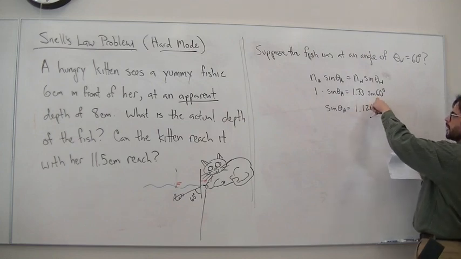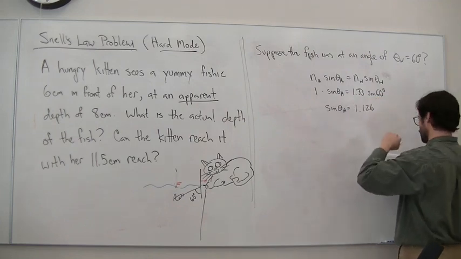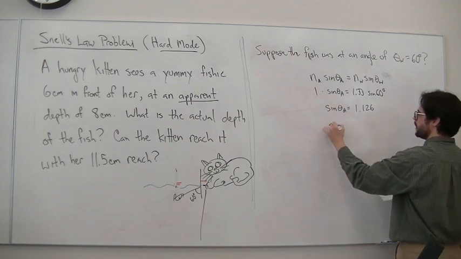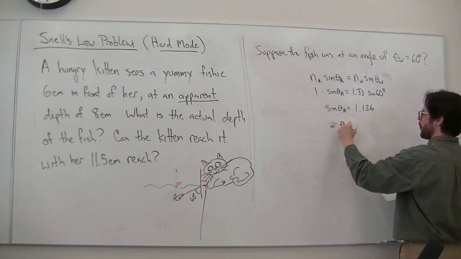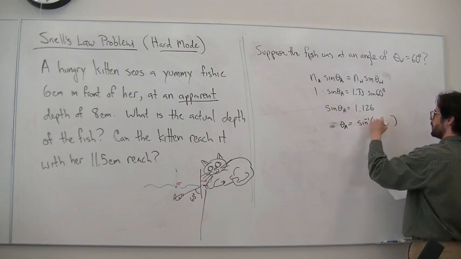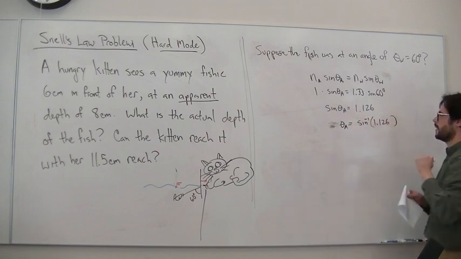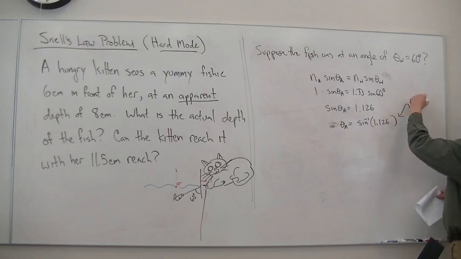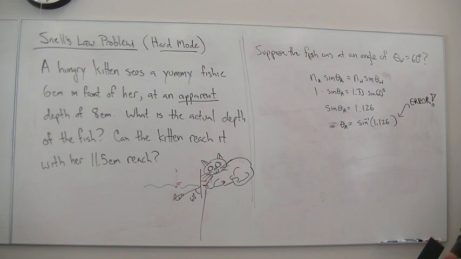So make sure my calculator's in degrees, multiply sine 60 times 1.33, and then what I do is take the arc sine of this thing, the inverse sine, and what do I get, of course? My calculator catches on fire, or it gives me some sort of error message. So what happened? We broke Snell's law.